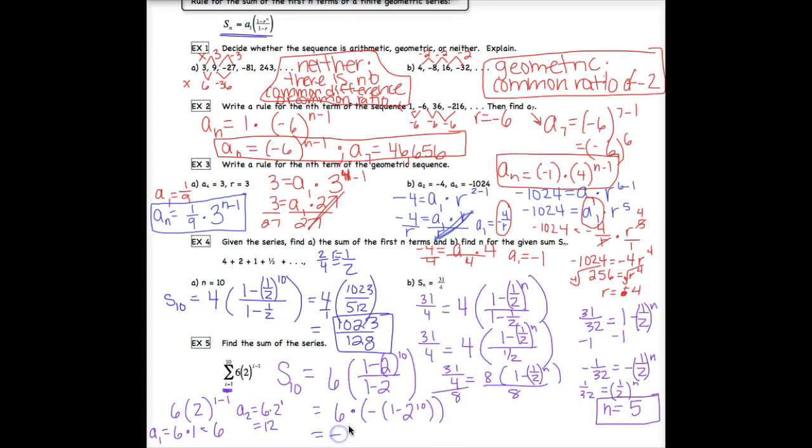So essentially negative 6 times 1 minus 2 to the 10th, if you use your calculator, should give you 1,023. So times the negative 6 gives me a final answer of 6,138 for my sum.